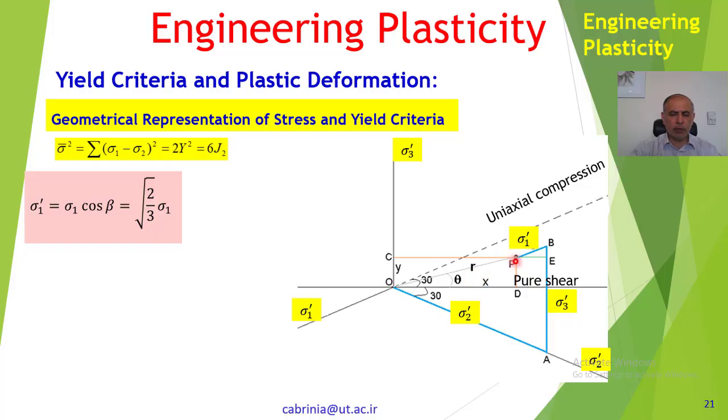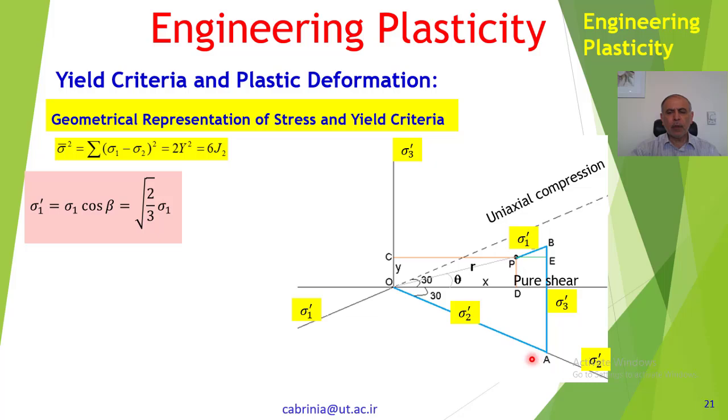Now this is the projected view on the deviatoric plane, OP. What are the components of this stress point? Along the stress axis, OA is sigma 2 prime. That's one component. The component along sigma 3 prime is AB, and along sigma 1 prime is PB. Therefore, that's how we reach this point.